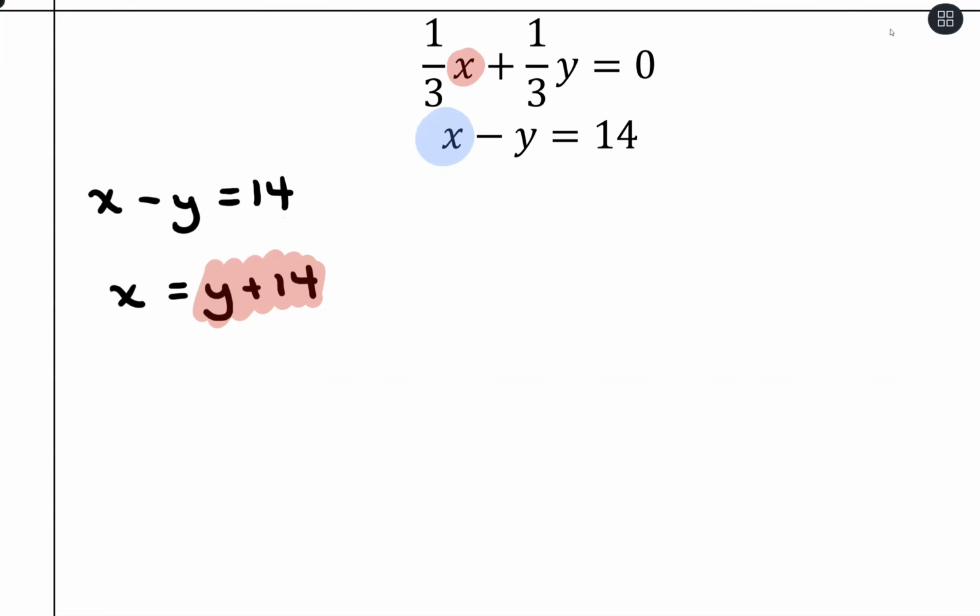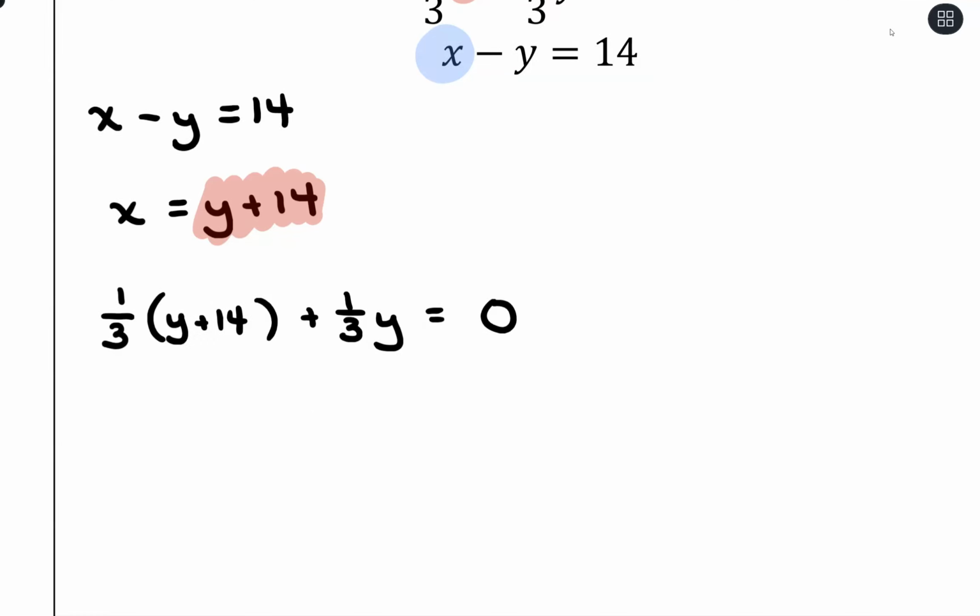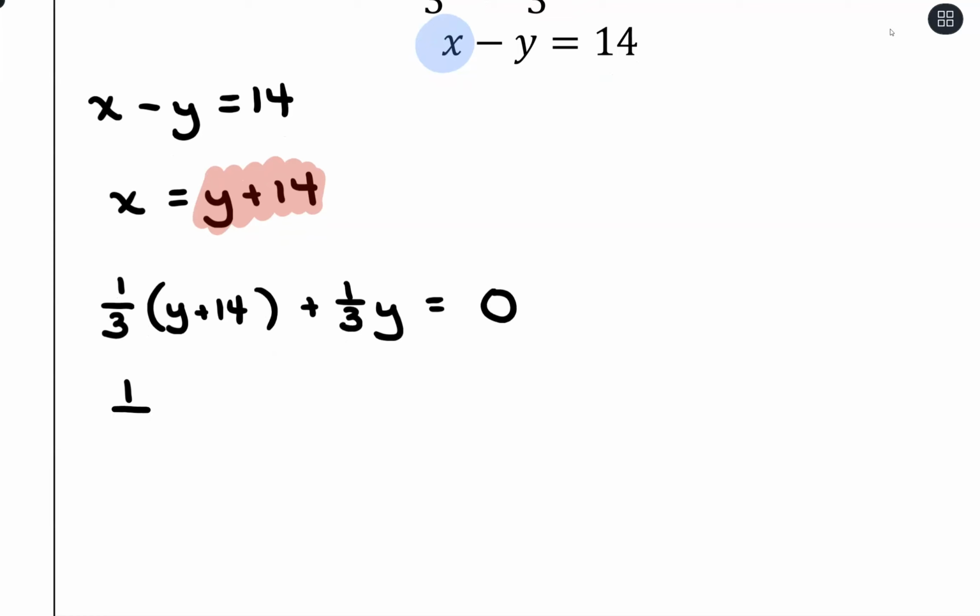Here come the fractions. 1/3 times x plus 1/3 y is equal to 0. Okay, and we will have y plus 14 in the parentheses there. So distributing the 1/3, we have 1/3 y plus 14/3 plus 1/3 y is equal to 0.